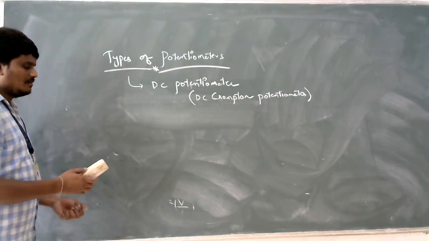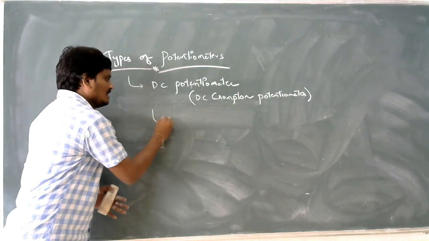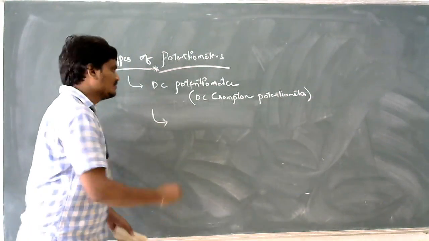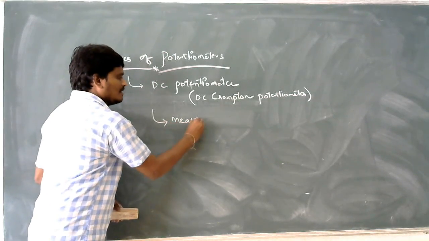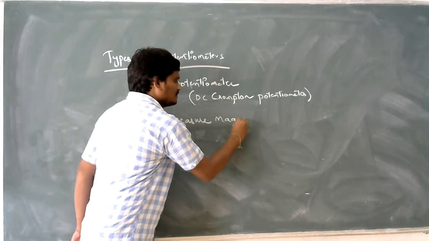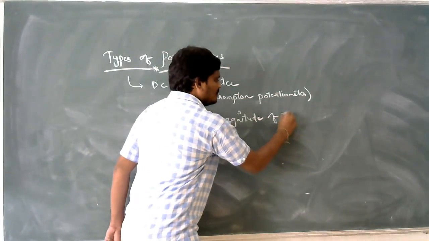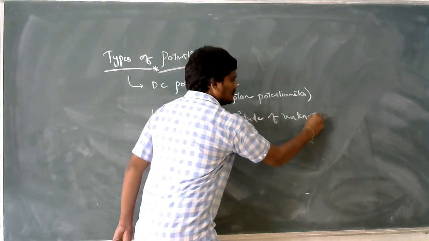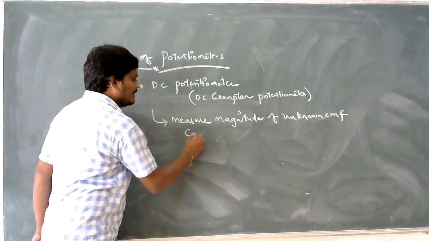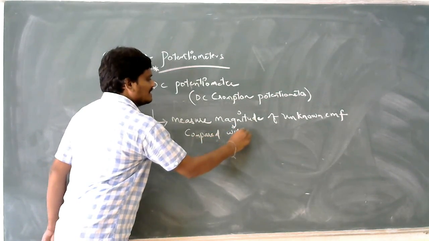The DC CROMPTON potentiometer is mainly used to measure the magnitude of unknown EMF compared with the standard cell.